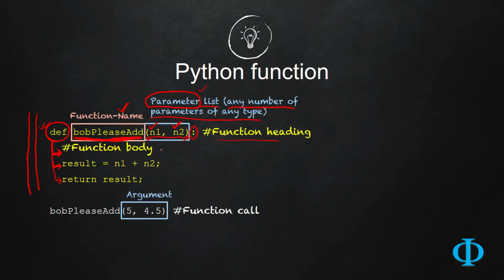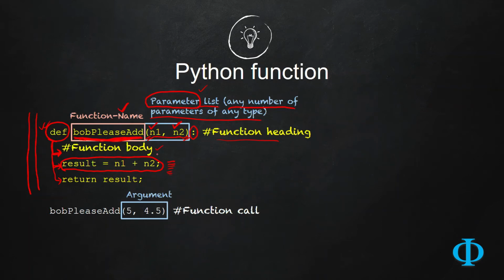Now inside this function body, you can do all the operations that you want to do. In our case, we are just interested to add these two numbers. So this is basically just a one line function, but there can be any number of operations after this based on the programming requirement.